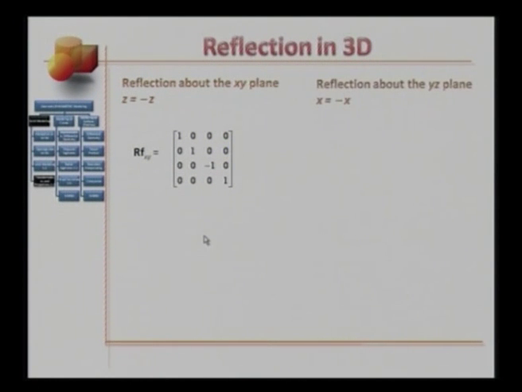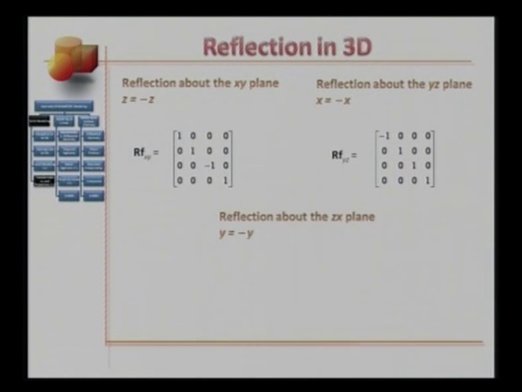Likewise, reflection about the yz plane will make the x coordinate change in sign. Reflection about the yz plane will be a 4 by 4 matrix. Well, you can consider it to be an identity matrix with the difference that the first term here will be -1.